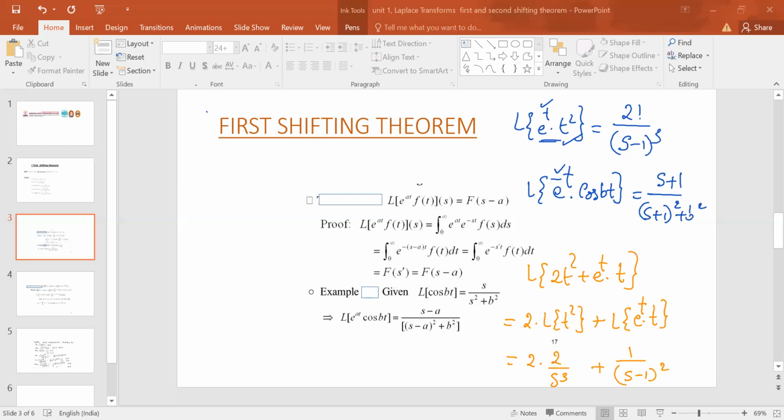Okay, so like this, by using the previous knowledge, by accumulating all the formulae and definitions from the beginning of the Laplace transformations, we should keep on applying the suitable formulae for evaluating the given function.